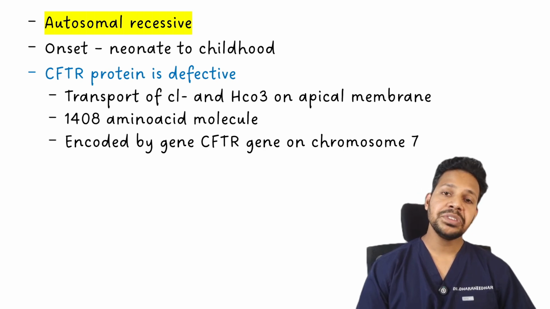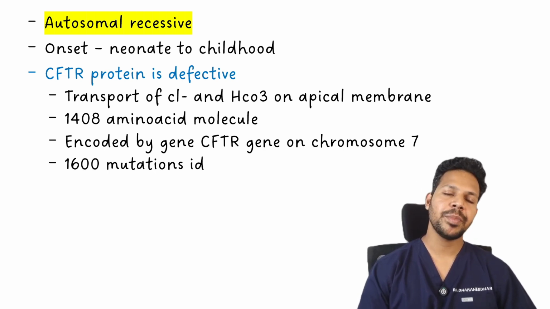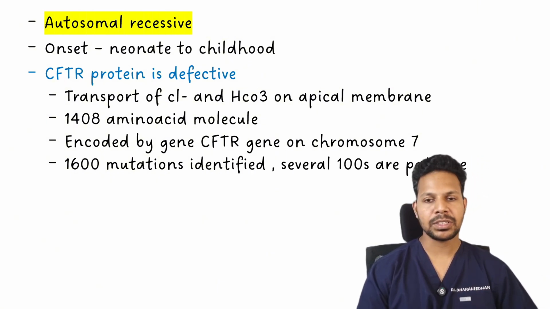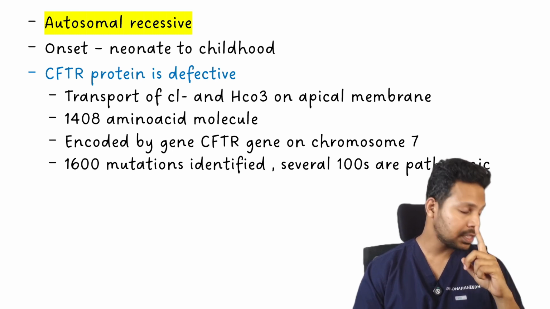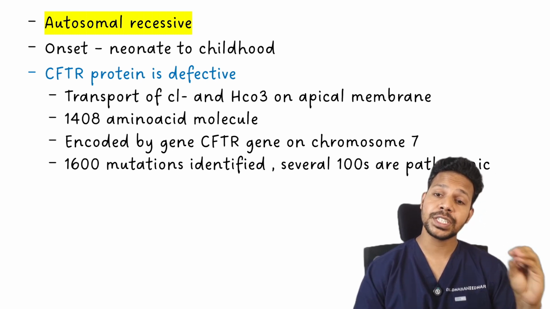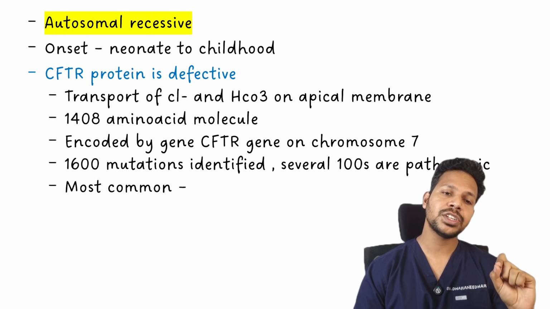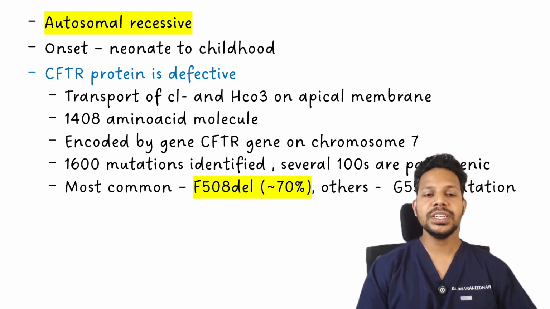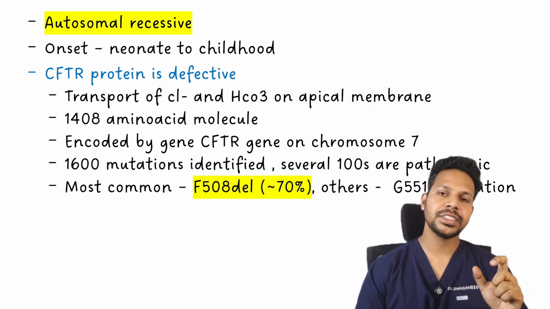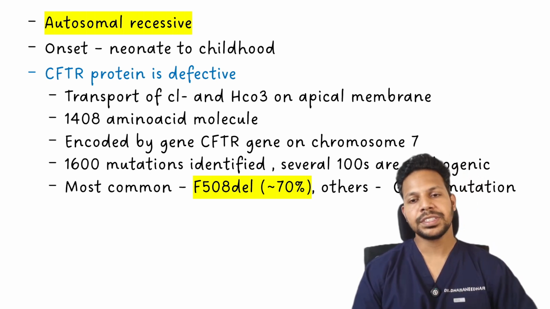In regard to the CFTR gene, 1600 mutations have been identified. Among them, some hundreds are pathogenic. Among all the mutations, the most common one, which accounts for 70% of cases of cystic fibrosis, is the F508 deletion, and the next common one is the G551D mutation. So these two are the most important mutations in the pathogenesis of cystic fibrosis.